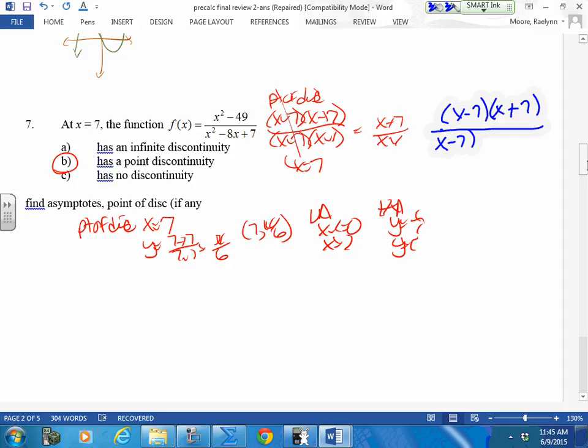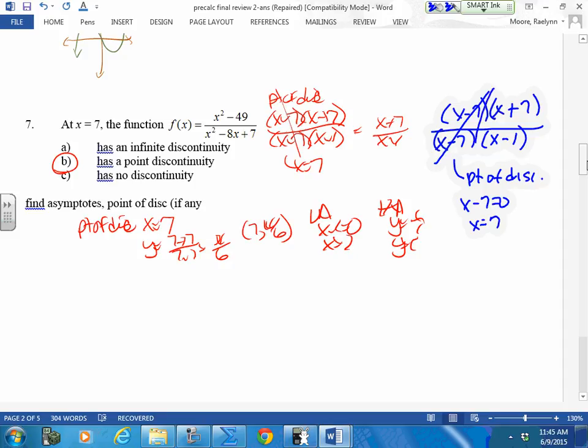Okay, so we factored. The top is perfect squares, the bottom a trinomial. The one that we can get rid of is your point of discontinuity. So you start like this. When x is 7, I have a point of discontinuity. What is my y?